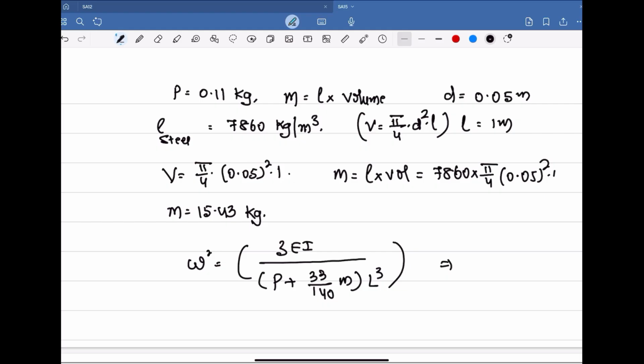That means, what is P? P is in kg, m is in kg. Then you will get omega square.